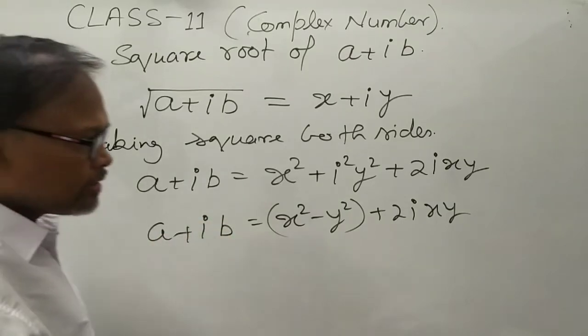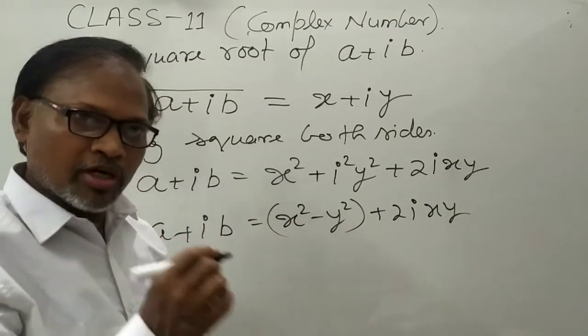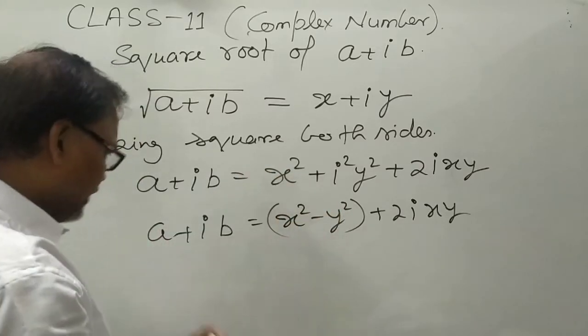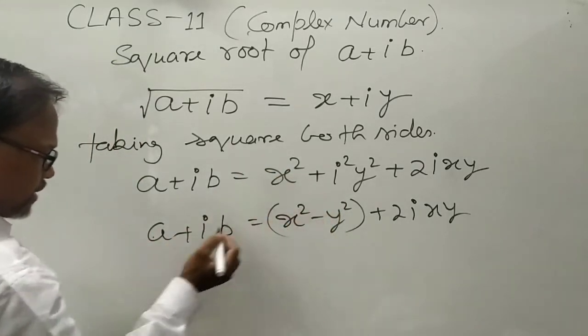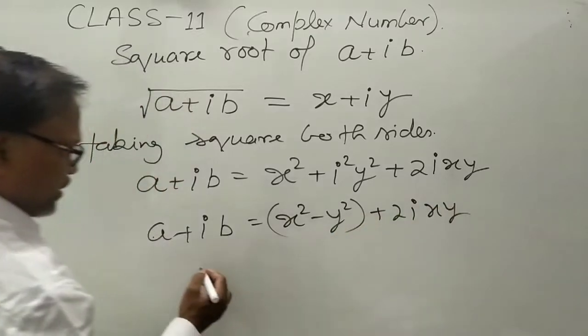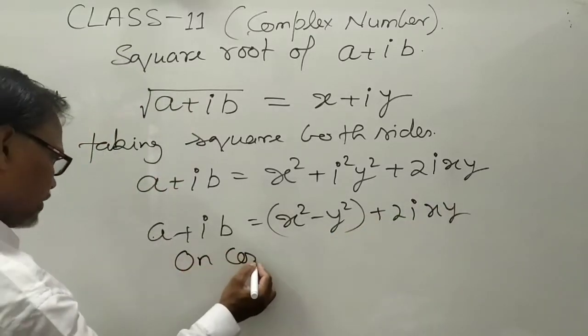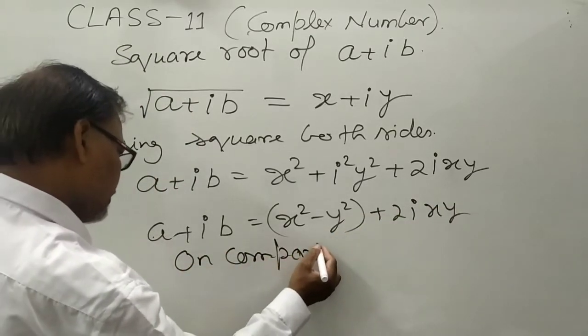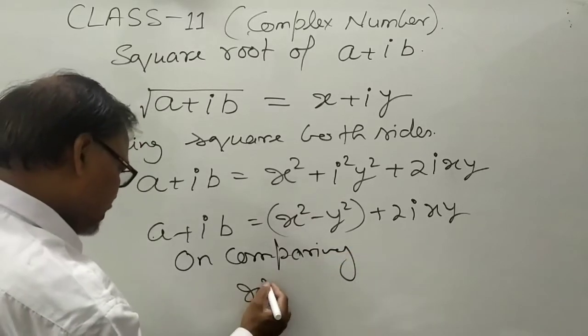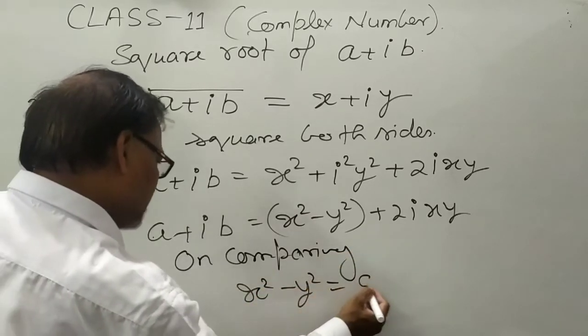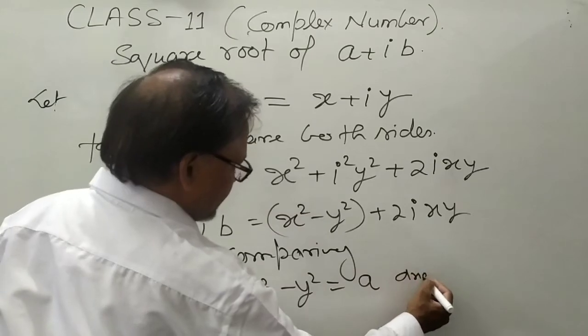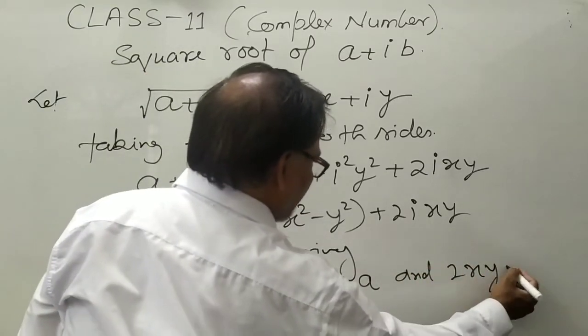Then you can compare the real part from the left and the right hand side. On comparing, x square minus y square is equal to a and 2xy is equal to b.